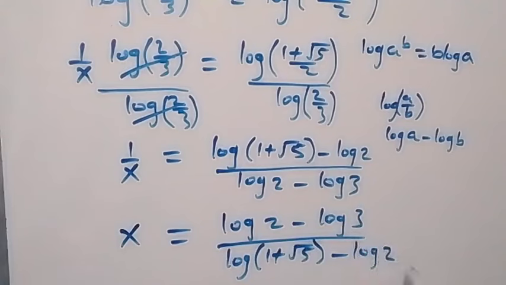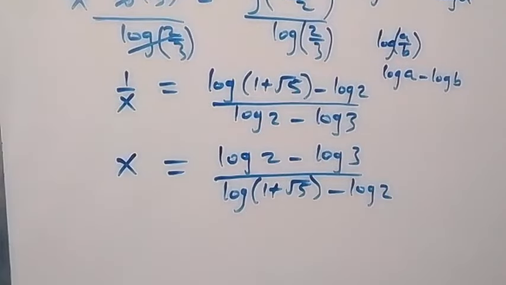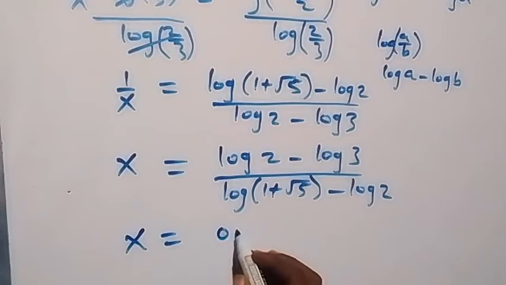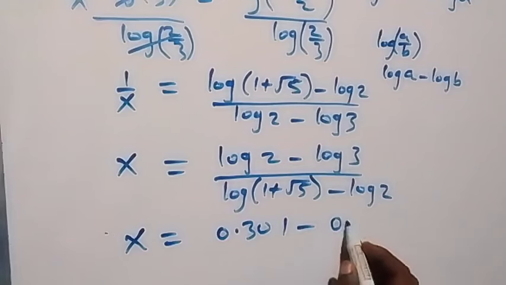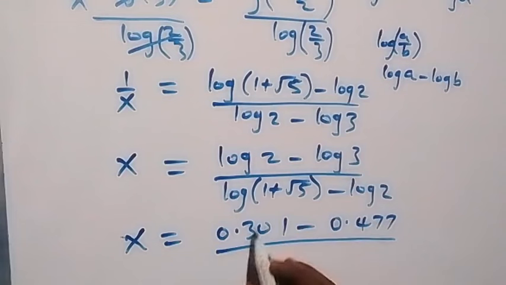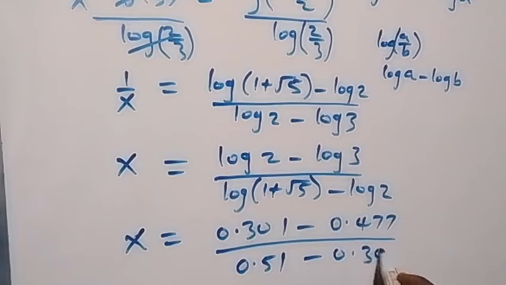So we can put this in decimal by putting the values of these logs. Log 2 gives us 0.301, then minus log 3, we have 0.477, then over here log of 1 plus root 5 gives us 0.51, then minus 0.301.